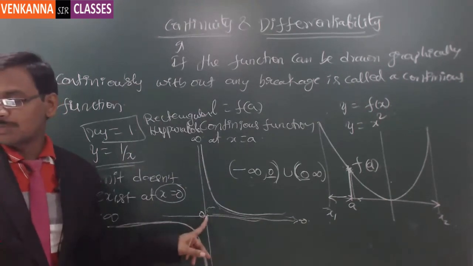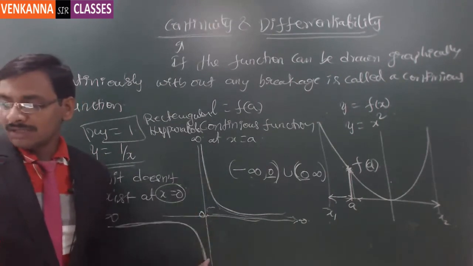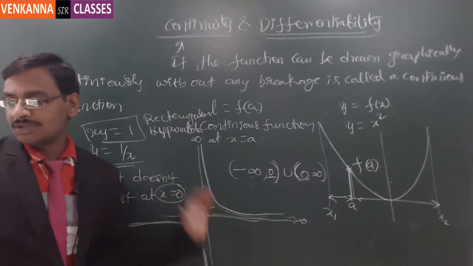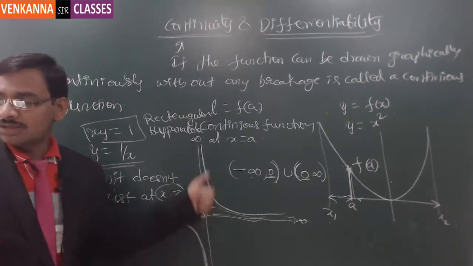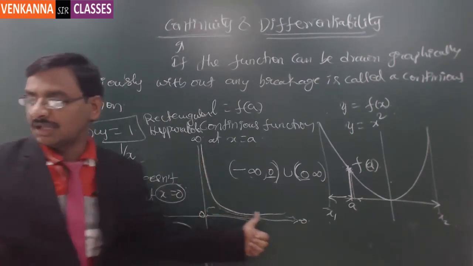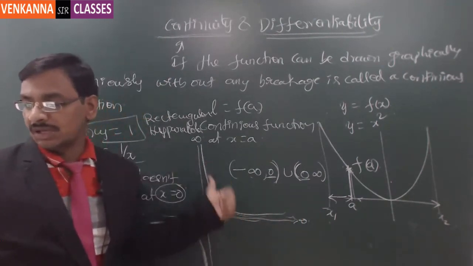So at this particular point there is a sudden jump from minus infinity to plus infinity if I travel from minus to plus at 0. Got it or not? Then afterwards the function value slowly keeps on decreasing till infinity, but without any breakages. So this is a continuous function.